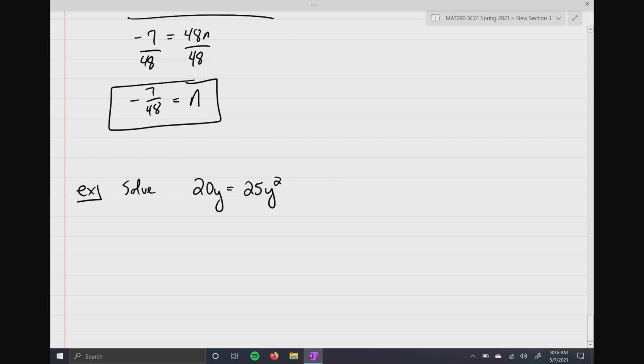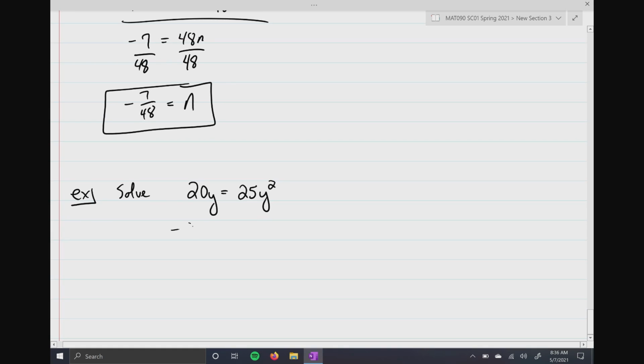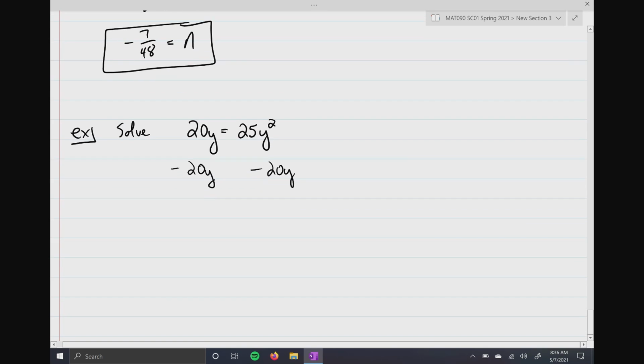So with quadratic equations, we set them equal to 0 first. So what I need to do is subtract 20y from both sides. That gives me 0 equals 25y squared minus 20y.